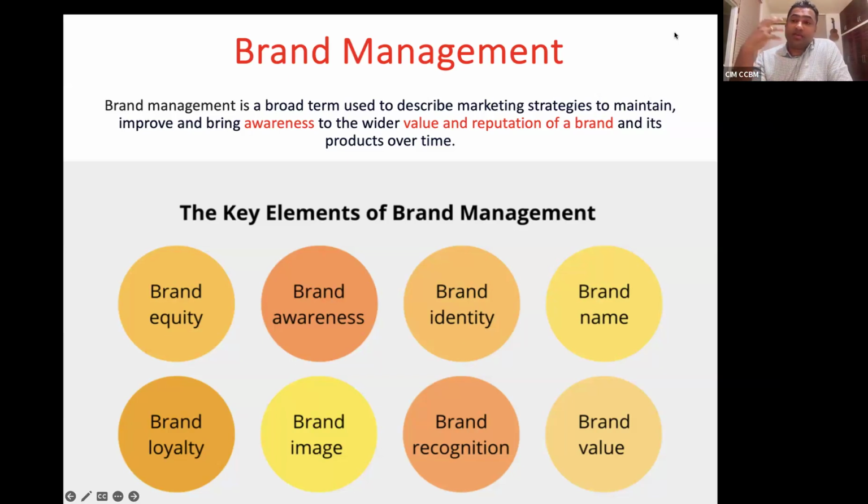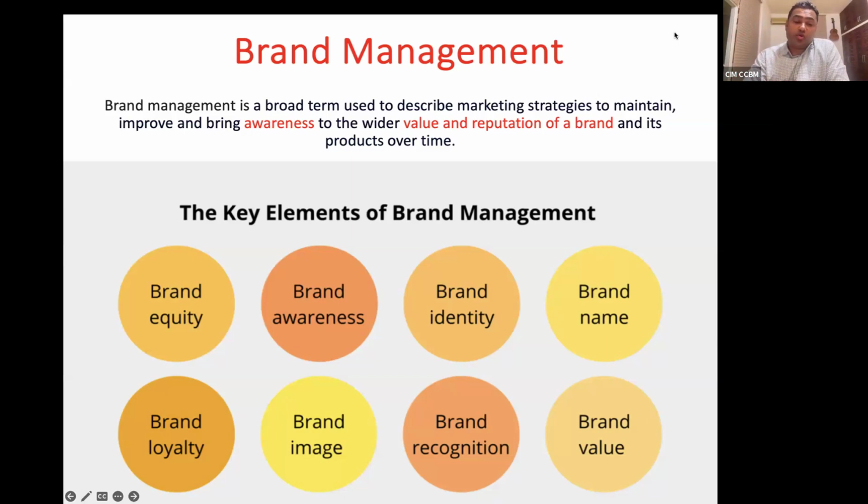So what does it mean as a brand manager? You are the custodian of the brand. You are the face of the brand. You'll be looking at the overall value of the brand, the equity, the awareness, and the identity of the brand, and how you'll change that identity. We investigated all this in the brand equity pyramid. I hope you can remember Kevin Lane Keller's brand equity pyramid. Sometimes you need to rebrand, which means changing the colors or sometimes the name.